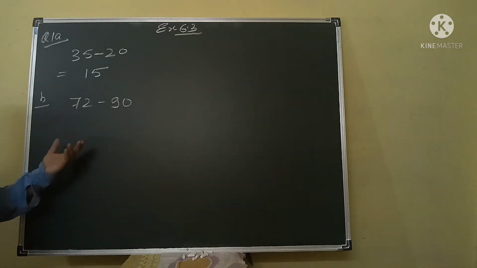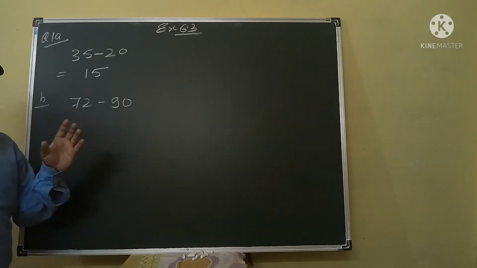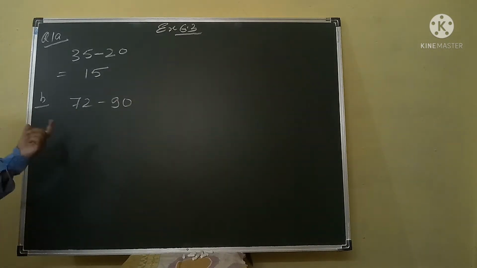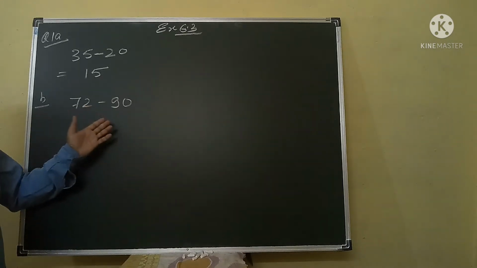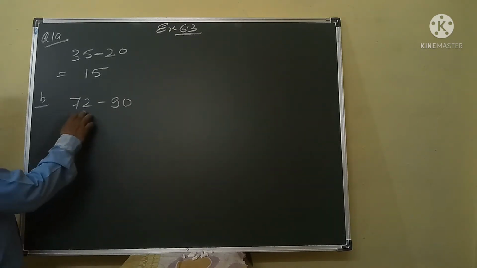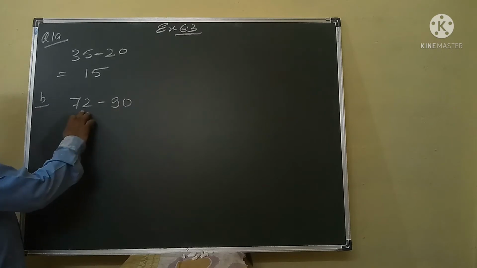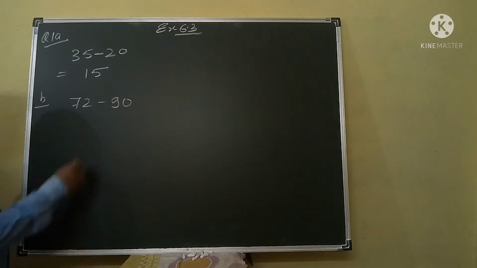In that condition we must subtract, but the sign is according to the bigger number. 72 minus 90, that means we cannot subtract 90 from 72.